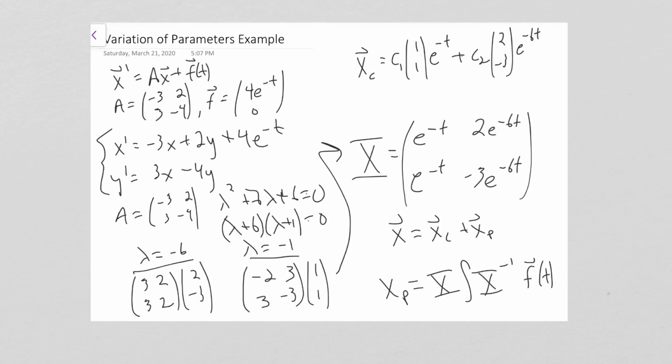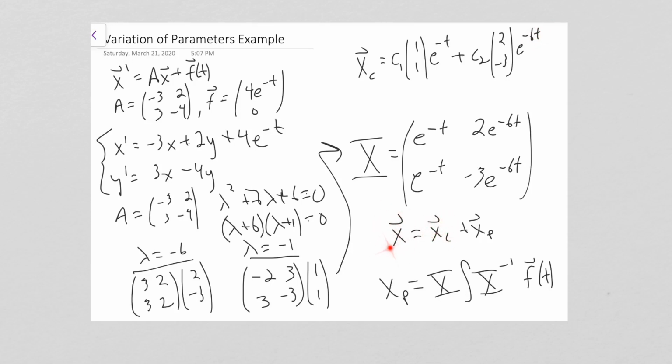One thing I want to point out before we go through this long process, because it's pretty long, is I want you to think intuitively about this. What are the roots of this equation? They're that e to the negative t and the e to the negative 6t. Those are these pieces, right?